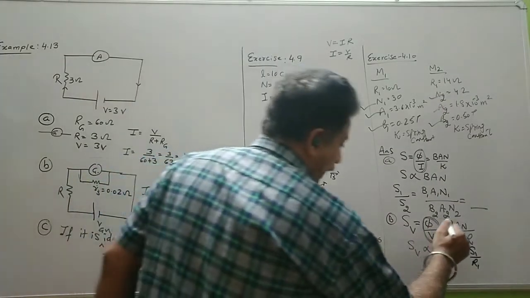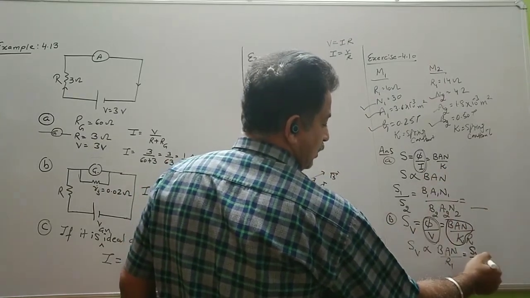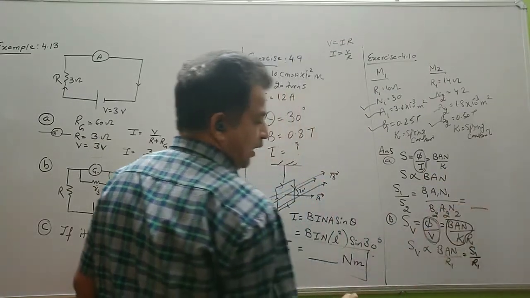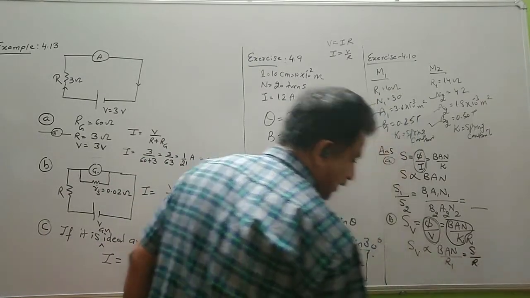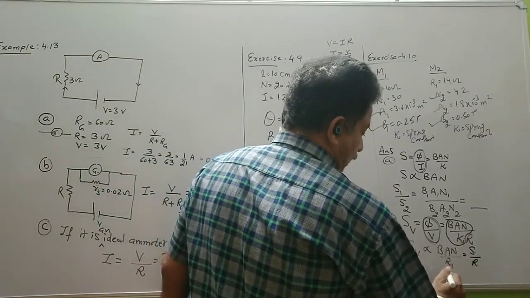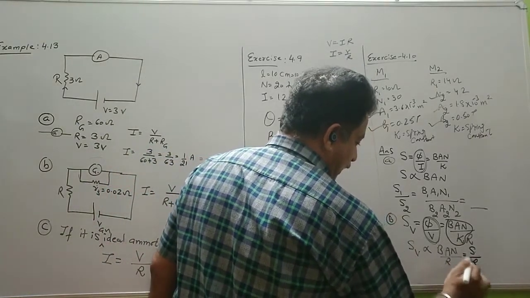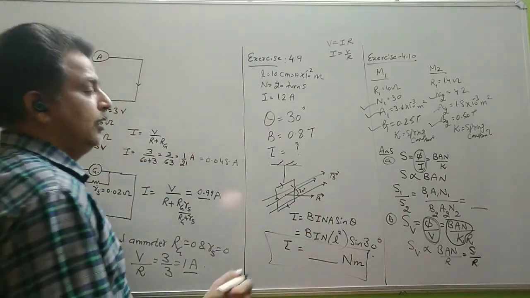So the voltage sensitivity can be written as S upon R, where S is the current sensitivity.